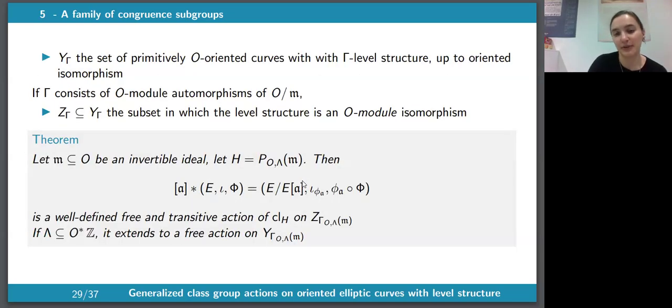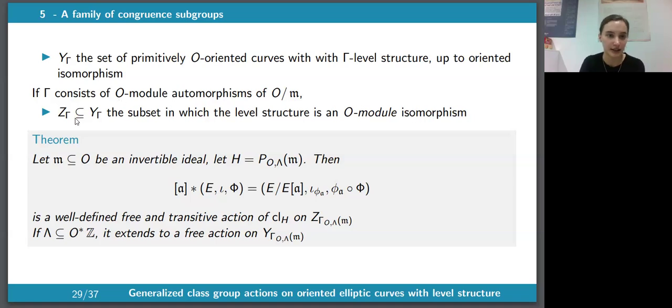Now, finally, we can state the main result of the paper. Let me first add some more notation and definitions. So recall that we called Y_gamma the set of primitively oriented curves with gamma level structure up to isomorphism. Now, when it makes sense, we can define a subset Z_gamma of Y_gamma, and when it makes sense is precisely when gamma consists of O-module automorphisms.